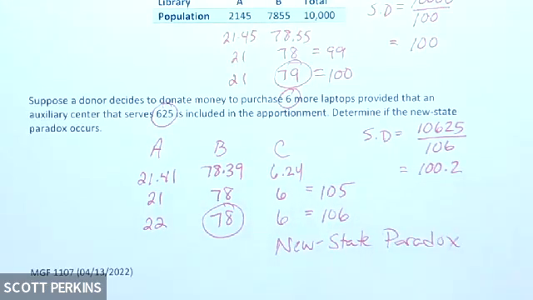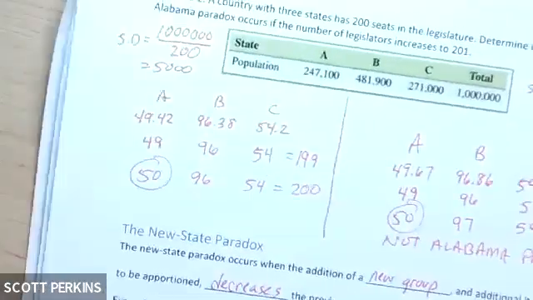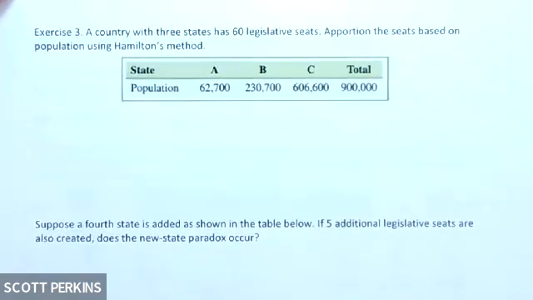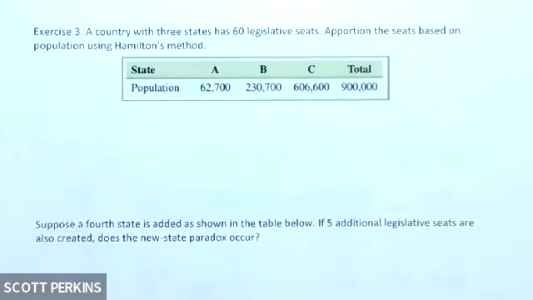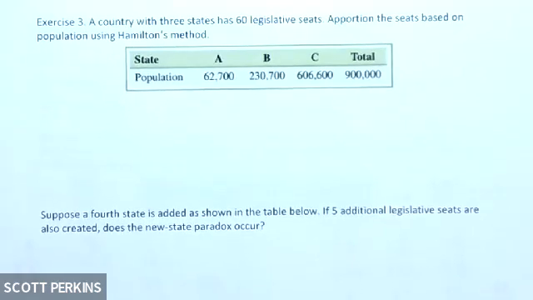All right, your last problem for the day and for the semester is on the last page. You're going to determine, does the new state paradox happen in this situation? You've got a country with three states, and then we're going to add a fourth state. Suppose a fourth state is as shown in the table below.